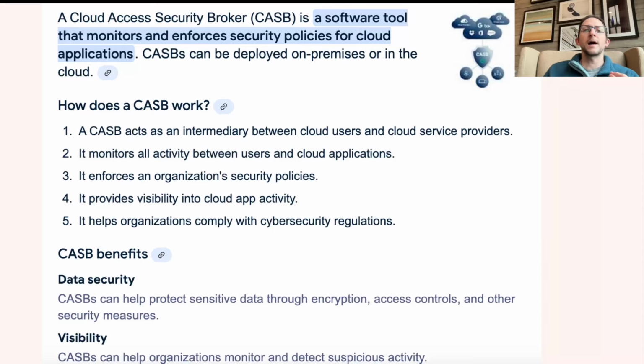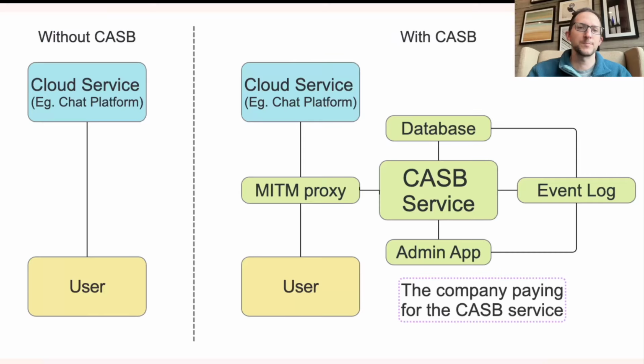It monitors all activity between users and cloud applications, enforces an organization's security policies, and provides visibility into cloud app activity. It helps organizations comply with cybersecurity regulations, and there are lots of benefits, such as being able to control sensitive data and being able to monitor and detect suspicious activity.